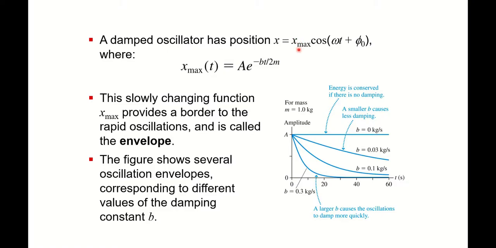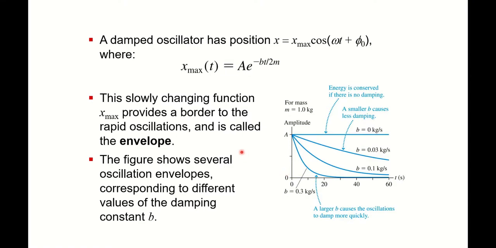We just have a time-dependent maximum displacement. And that maximum displacement, again, depends on the strength of that damping force. The stronger the force, or the larger the b, the quicker that amplitude decays back towards zero and stops.